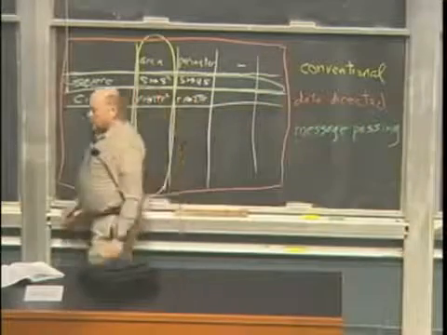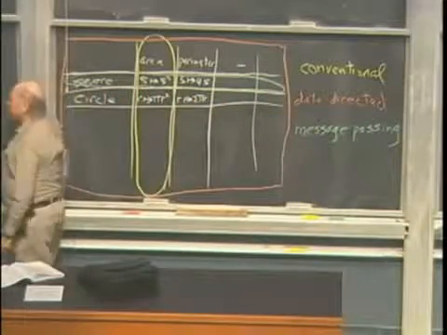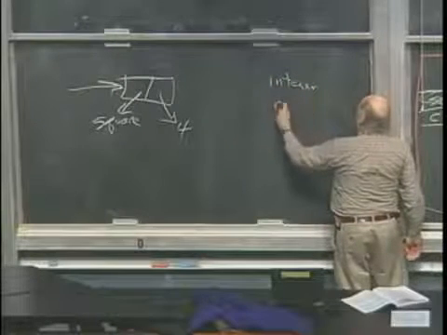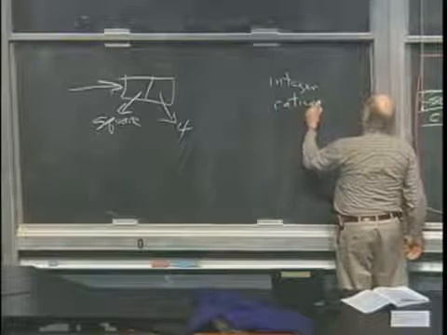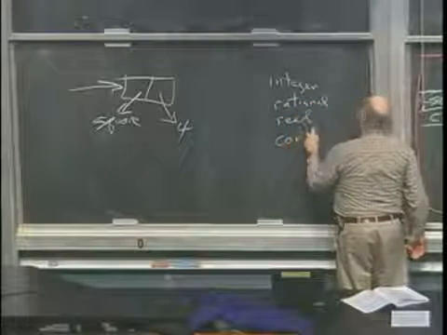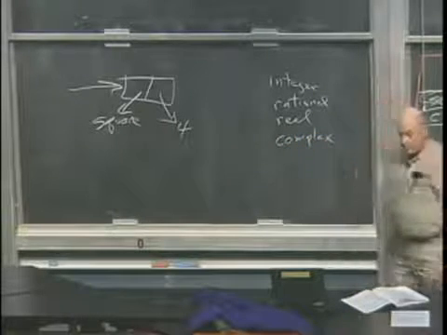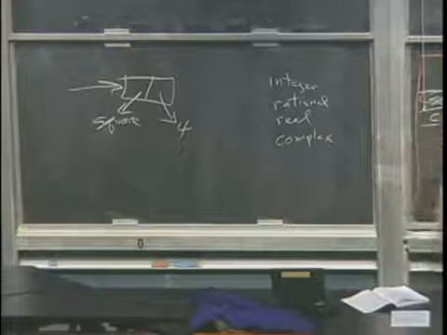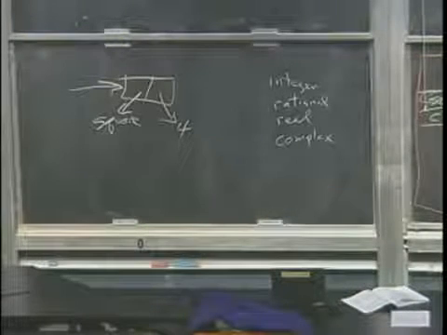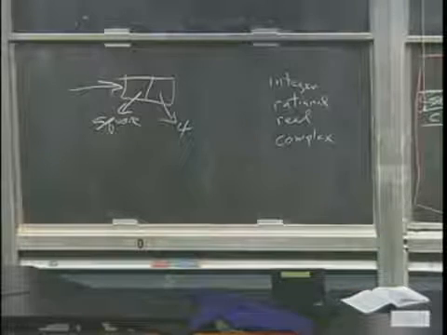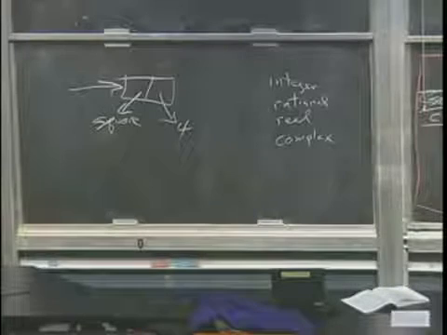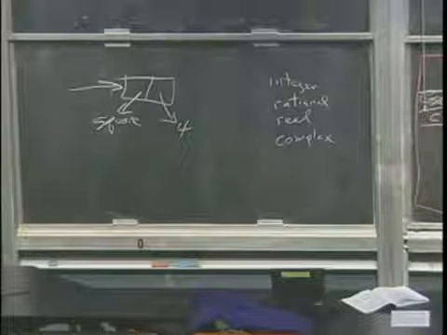Numbers, for purposes of today's discussion, come in 4 flavors. Integer, rational, real, and complex. Okay. So if I have 4 kinds of numbers, how many rows do I have to add to the table? It depends how I do it, is the answer.